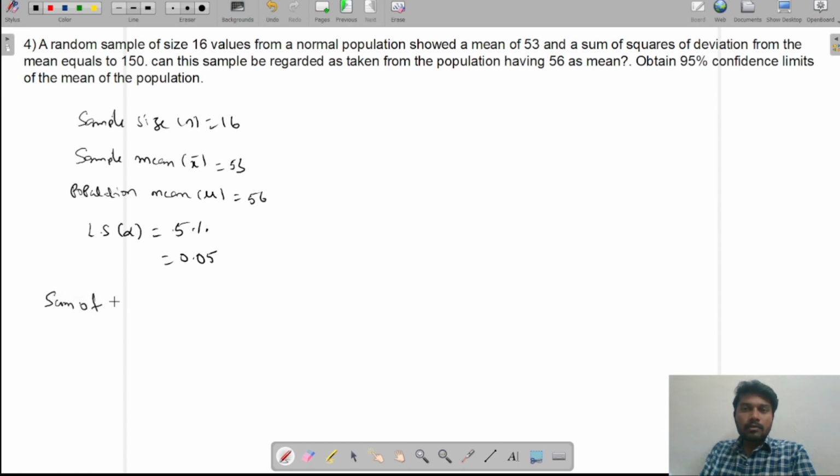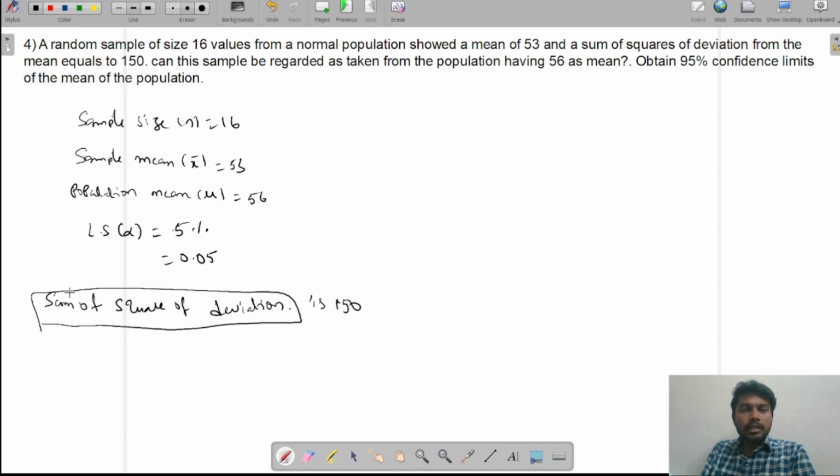Also given in the question is the sum of the square of the deviation, which is 150. So my question, how can you write this in terms of probability? Tell me.